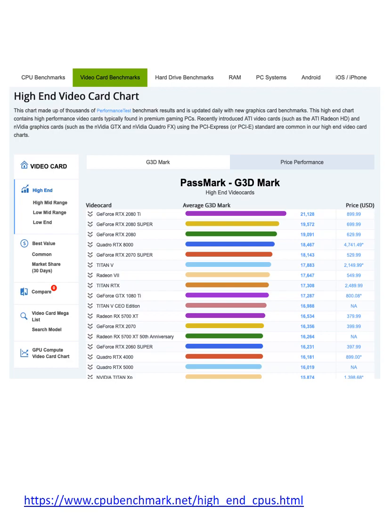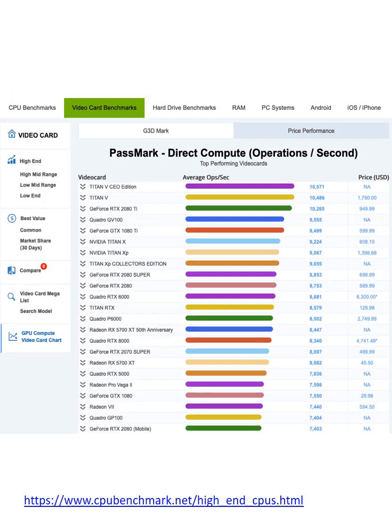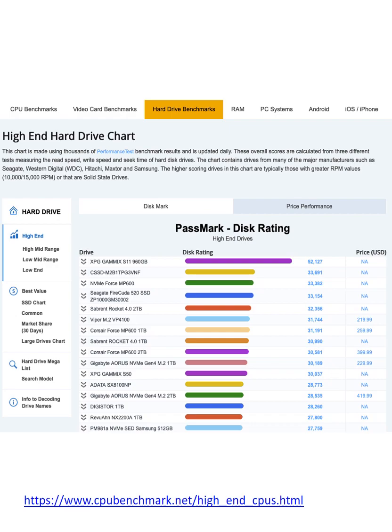And this is the 3D mark, which is one type of way of measuring performance for video cards. Also the direct compute operations per second. Then they evaluate disk drives, hard drives.